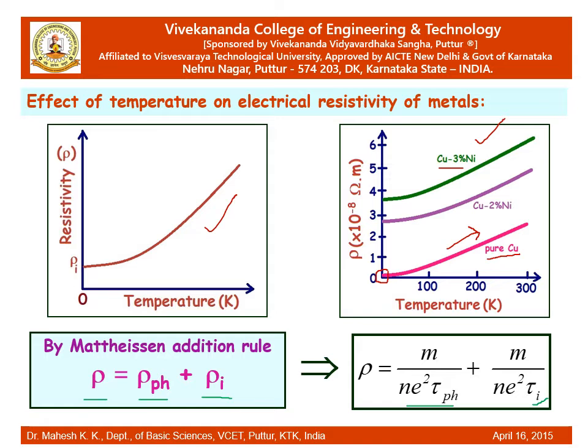But as you could see in the alloys with nickel, with 2% of nickel, that impurity level is increased because nickel is a tertiary element. And similarly with 3% of nickel, again the rho I is going to increase. Otherwise the trend is going to be the same for all the three alloys. But mainly what you learn from this slide is that as the temperature increases, the resistivity also increases in the metal.